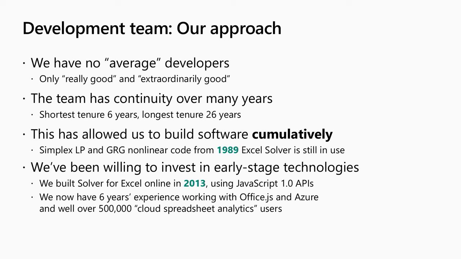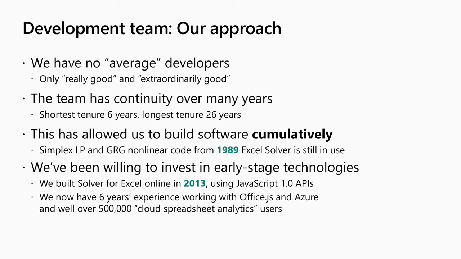Okay, the second most important idea here or observation is that the team has continuity over many years. I think our average tenure of a developer is something like 16 years. And the shortest one is 6 years and the longest is 26 years. And that has allowed us to build cumulatively. We don't forget and discard a lot of code.